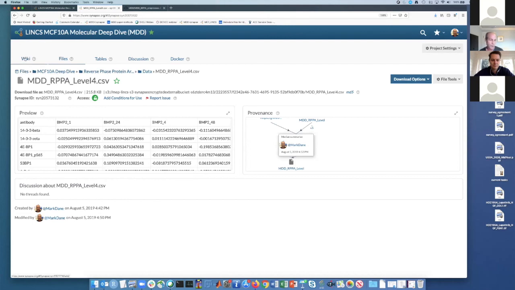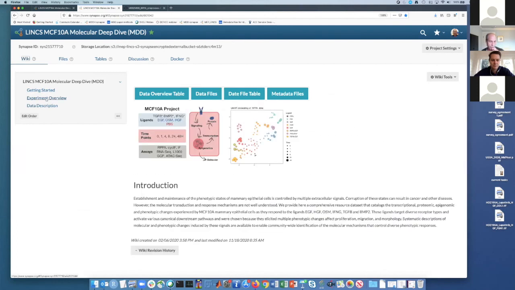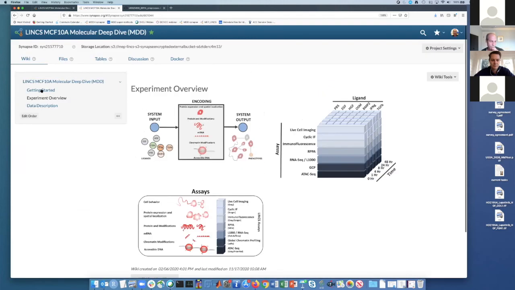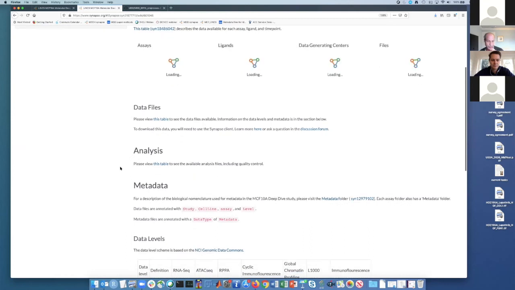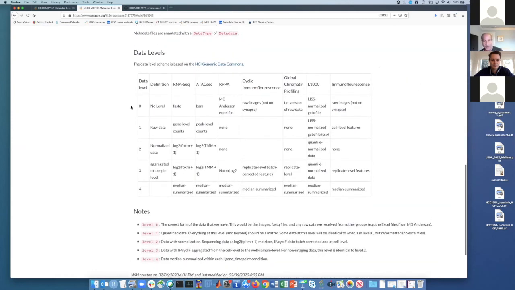I'm going to step back a little bit to talk about this data description area, because here we've got a description of the different data levels. When we get down to level 3 and level 4, the data has been normalized.